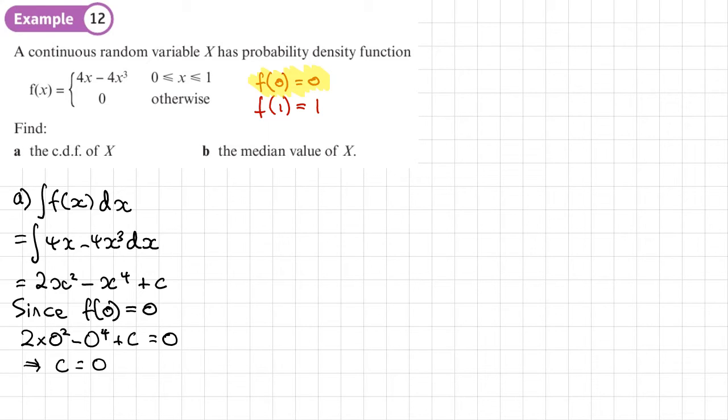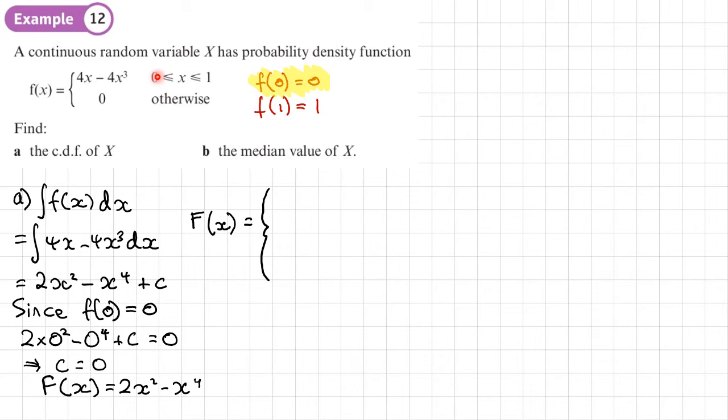So that tells us that the CDF, capital F of x, is equal to 2x squared minus x to the power 4. Now remember, we need to write this using proper notation. We need to show what's happening for all of the different values of x. So I have F of x equals, then we'll have our curly brackets like this.